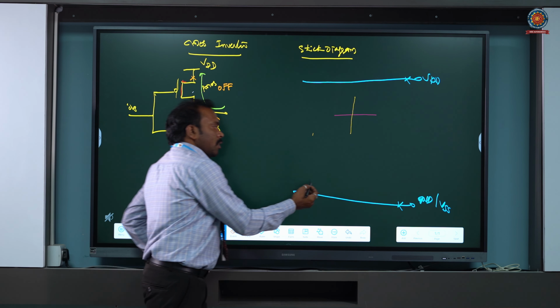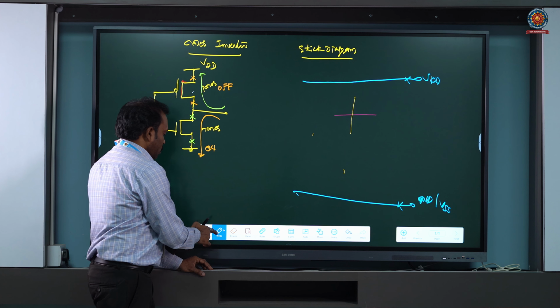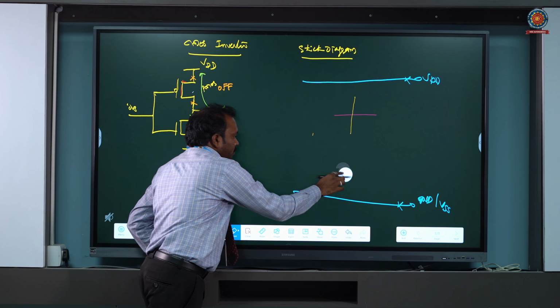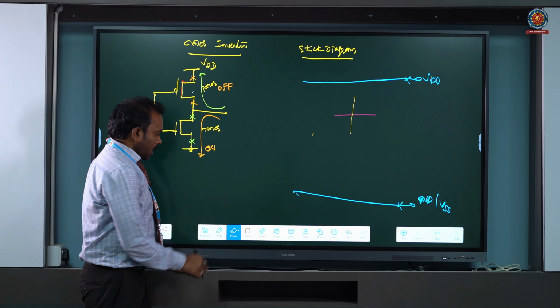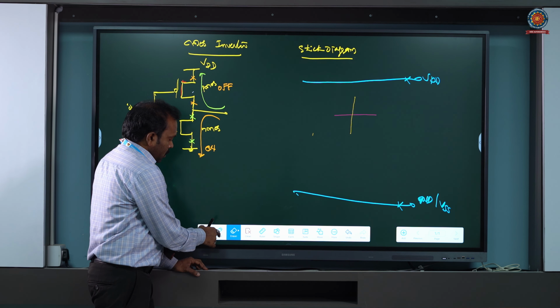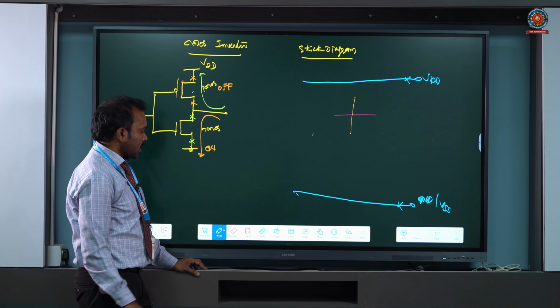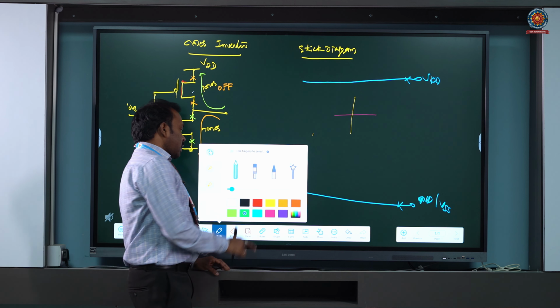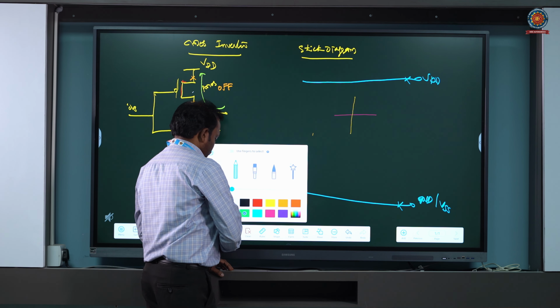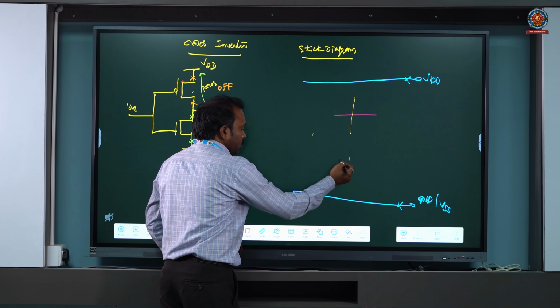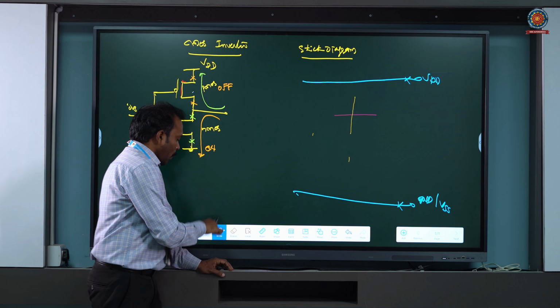Okay, done. Right, so we go for the eraser to rub this. Right, now we go for the NMOS transistor formation. This can be done by drawing red over green.